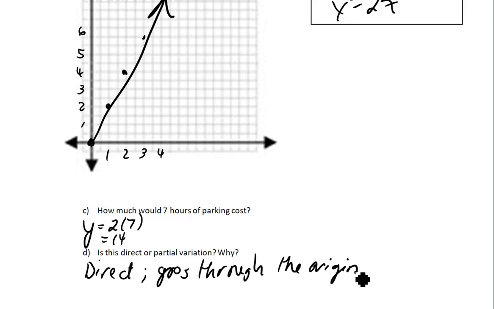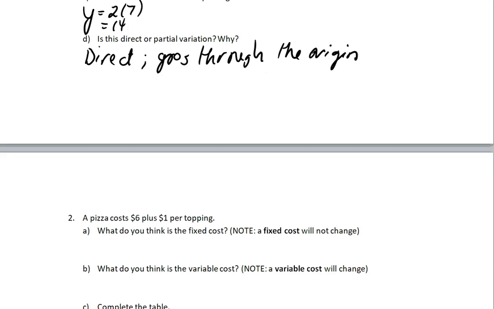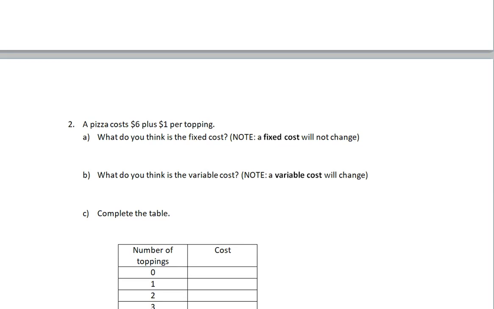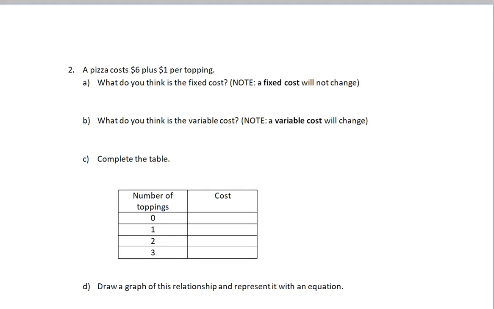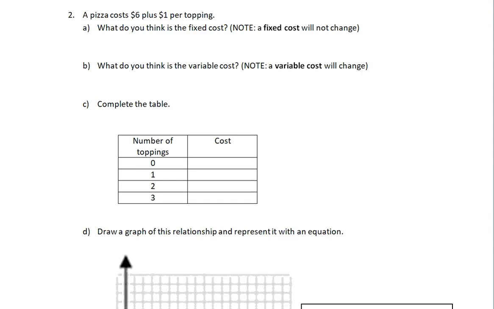So let's look at another scenario. So this particular scenario might make you hungry. Let's say we're at a restaurant and we're ordering a small personal pan pizza. So the cost for this pizza is $6 plus $1 per topping. So within that scenario, we have a cost that's fixed. We have a cost that will never change, and we have a cost that's variable, that changes depending on what we order.